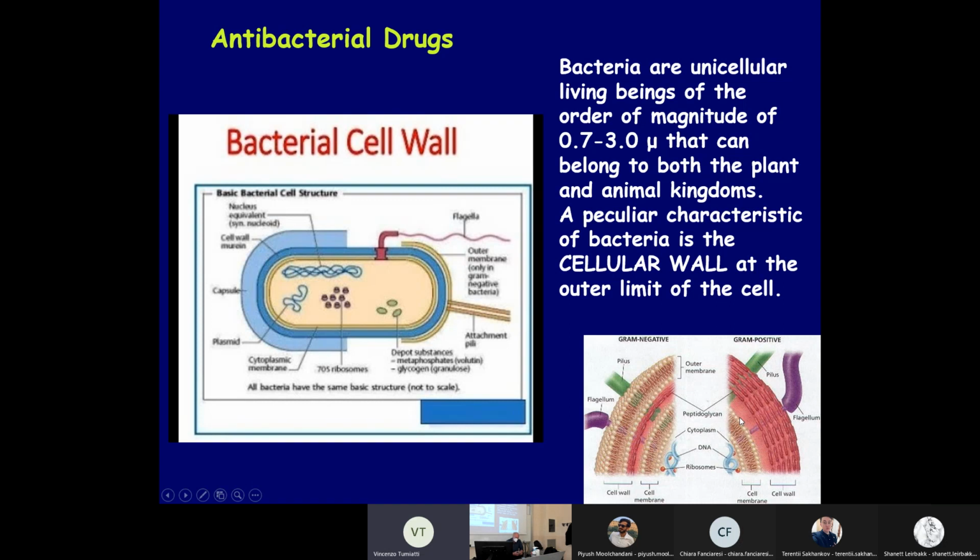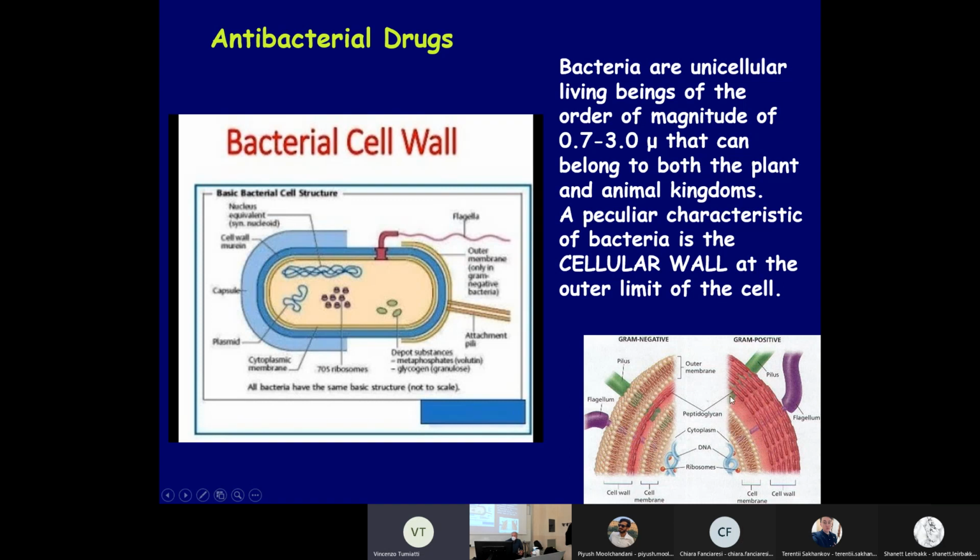Peptidoglycan is a polymer able to defend the bacterial cell from enzymes, from acidic conditions, and so on.